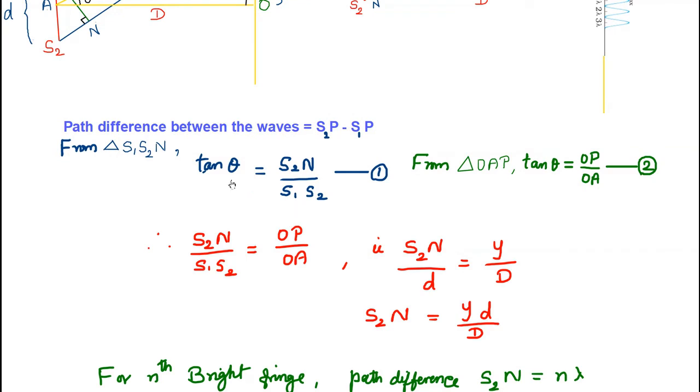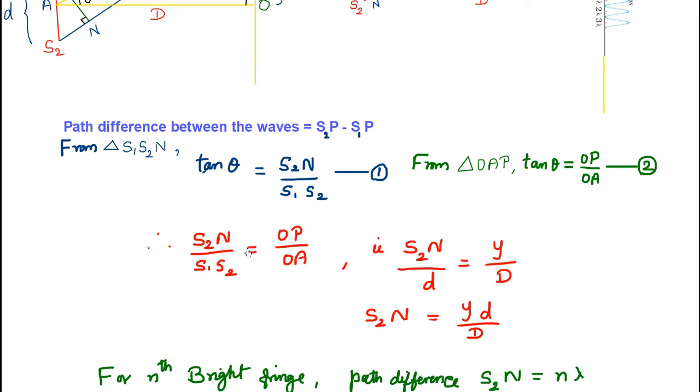LHS of equations 1 and 2 are the same. Therefore, RHS must be equal. S2N by S1S2 equals OP divided by OA.